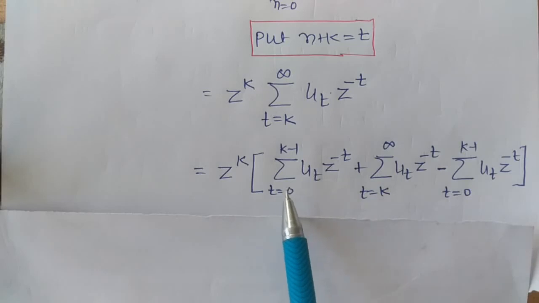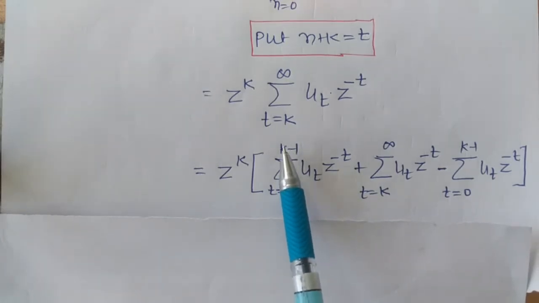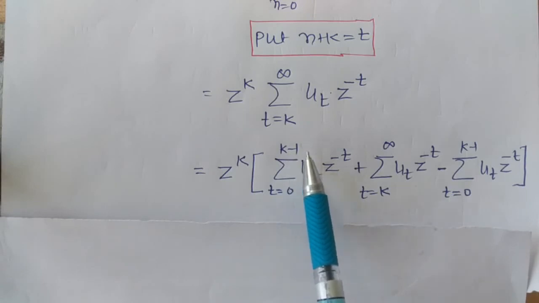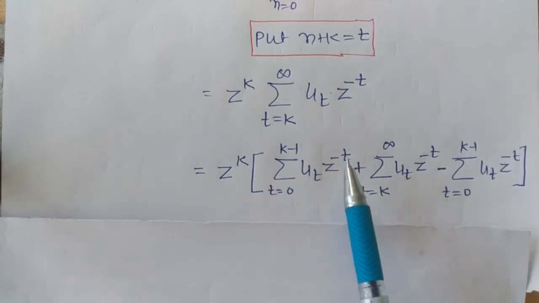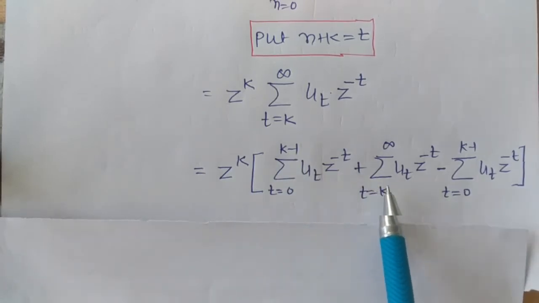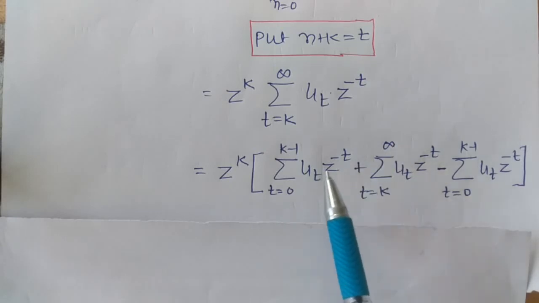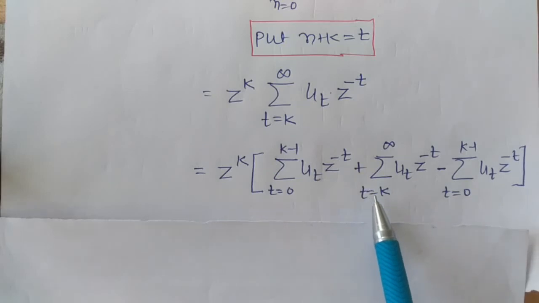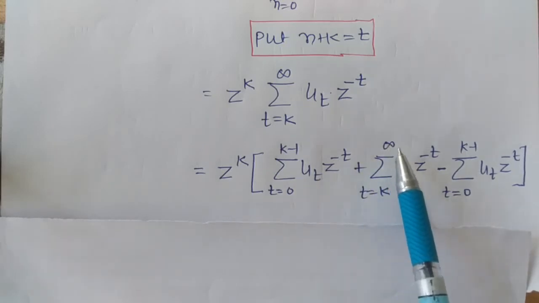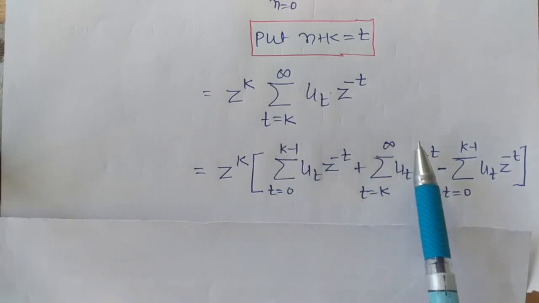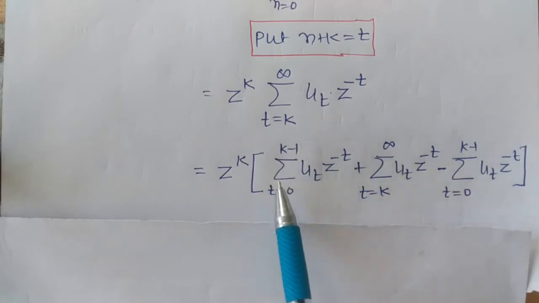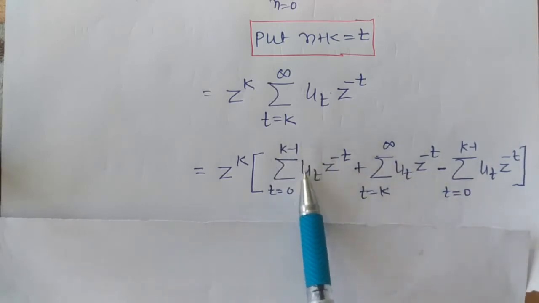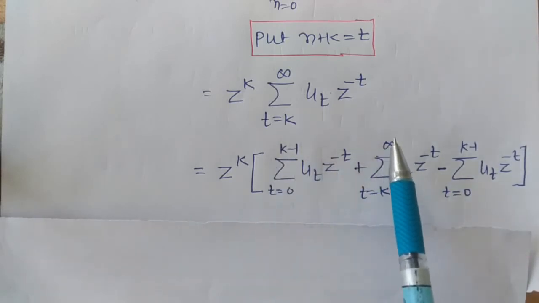So here the summation is varying from t equal to 0 to k minus 1, and in this expression summation is varying from t equal to k to infinite. So we can write these two summations in form of single summation with limit t equal to 0 to infinite.